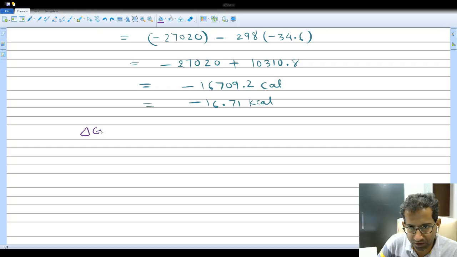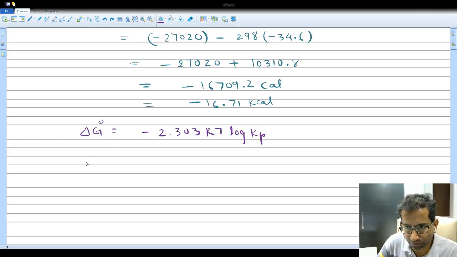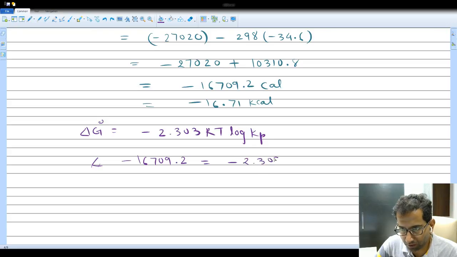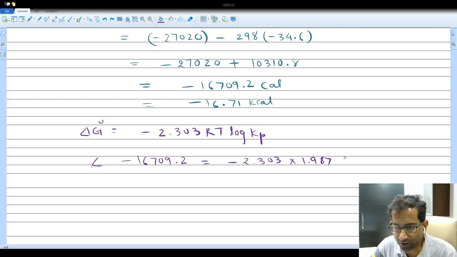Now delta G0 equals minus 2.303 RT log Kp. The value is minus 16709.2 equals minus 2.303 into 1.987. I'll keep this 1.987 only, because I have kept the units in calories here. Into 298 and log Kp.